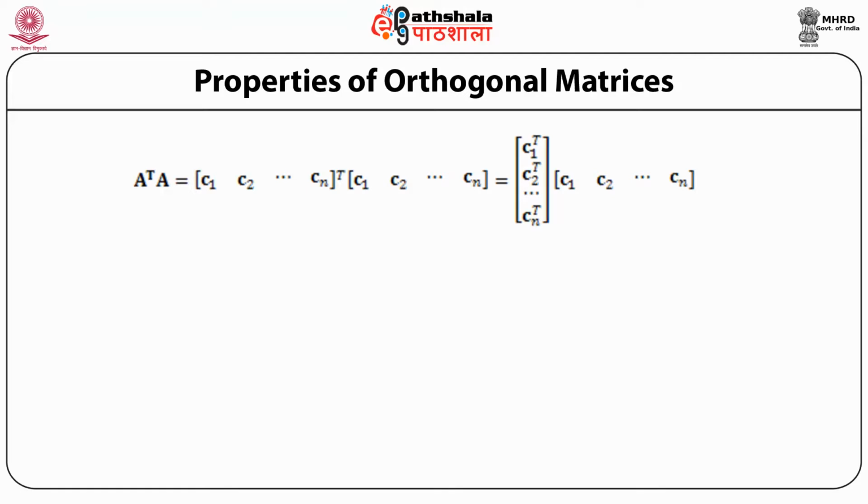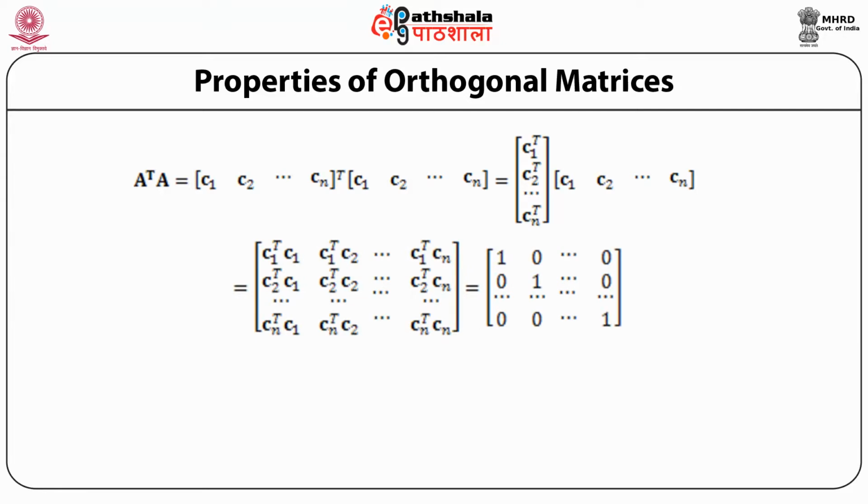This can be written as an n cross n matrix with the first row elements being c1 transpose c1, c1 transpose c2 till c1 transpose cn, the second row elements being c2 transpose c1, c2 transpose c2 and so on till c2 transpose cn, and the last row elements being cn transpose c1, cn transpose c2 and so on till cn transpose cn.